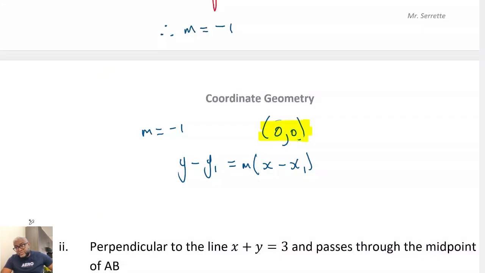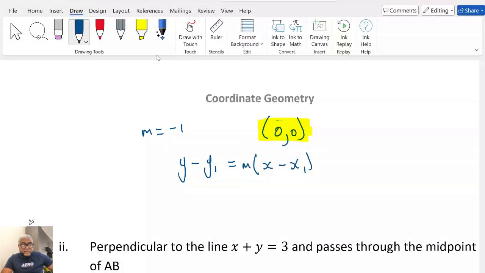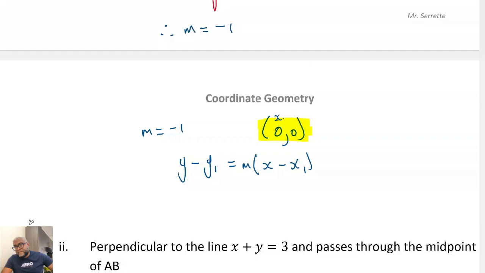Which number is x and which number is y? Both of them are the same number anyway. Which one is the x value? The one with the slash on it, sir. No, that is a mistake I made. But yes, this is x1 and this is y1. Right, Taylor? So let me plug it in.